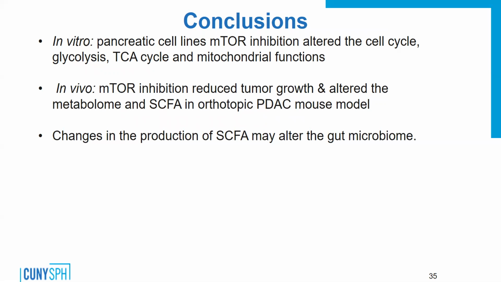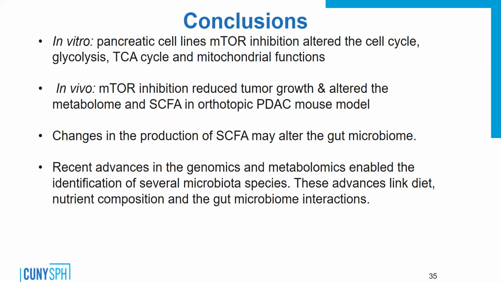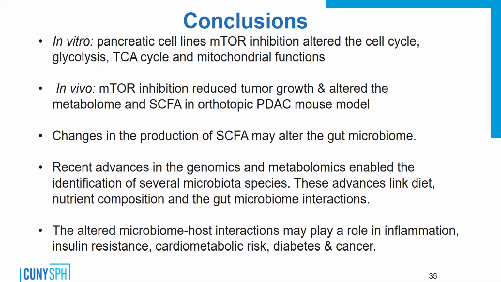These changes in the production of short-chain fatty acids may alter the gut microbiome. And now the recent advances in genomics and metabolomics have enabled identification of several microbiota species. Therefore, these advances will help in understanding the interactions between diet and nutrient composition and the gut microbiome interactions.